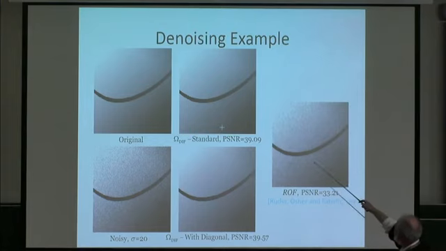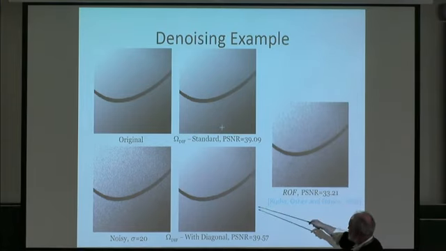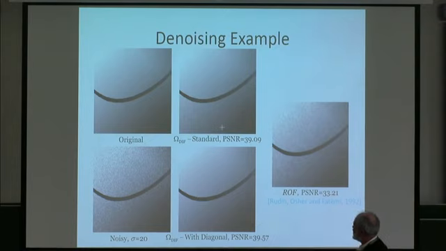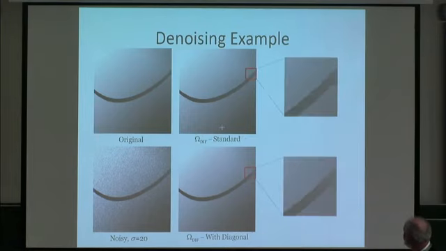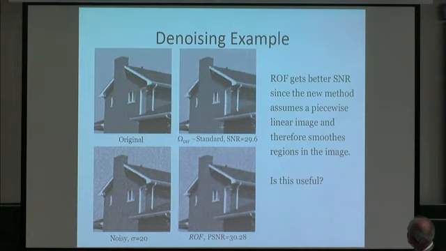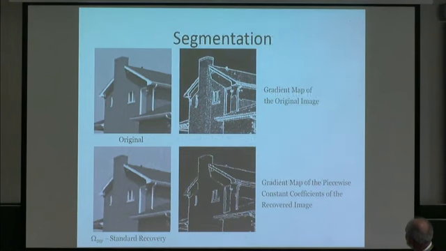With the standard one, you get this recovery. With the diagonal, you get a slightly better recovery, and here are the results that you get with the ROF scheme. You can see the influence of these diagonals on the result. And here you get denoising for some standard images, and you get here the gradient map.